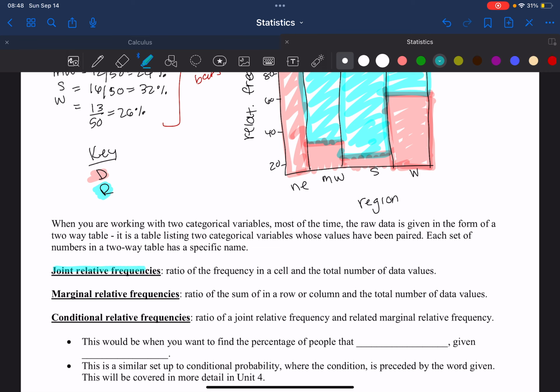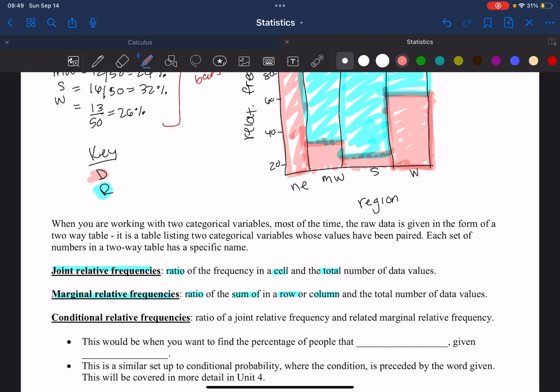So we have joint relative frequency. That is the ratio of the frequency in the cell divided by the total of all the data values. Marginal relative frequency is the ratio of the sum of the row or column.